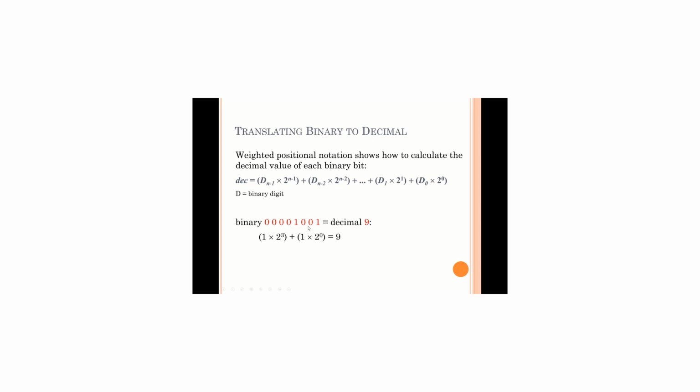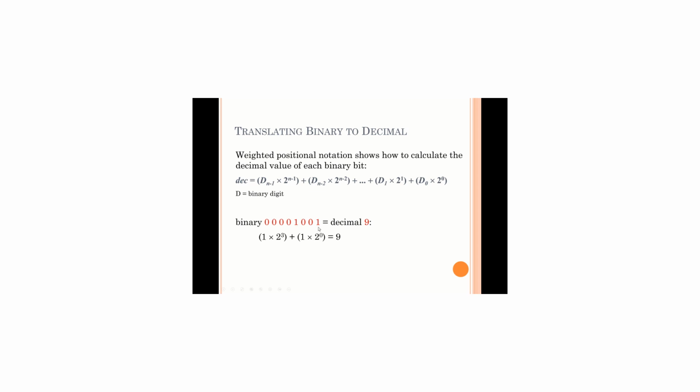00001001, which is an 8-bit binary number. So if you go from the right to the left, right, you can ignore the leading zeros. And then you start with the first one, okay? What's the place value of this bit here?